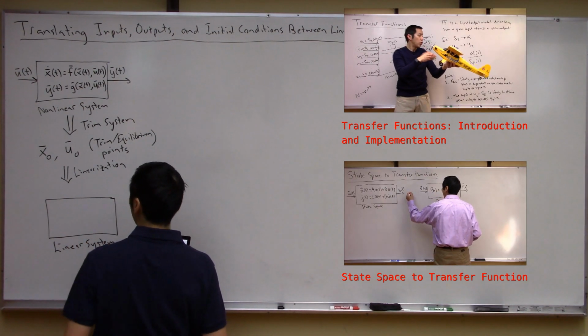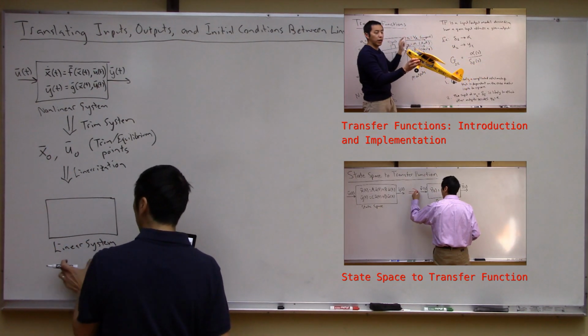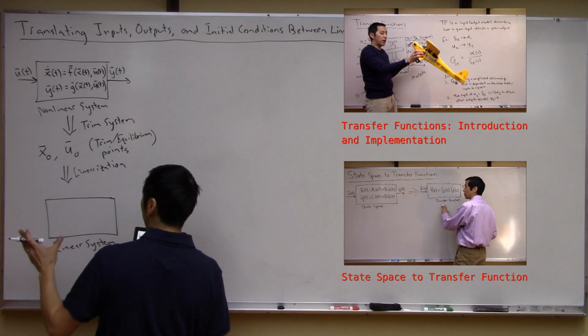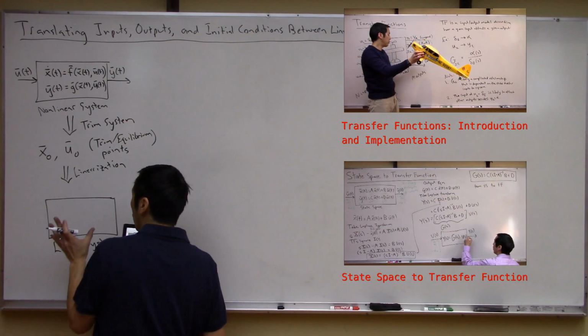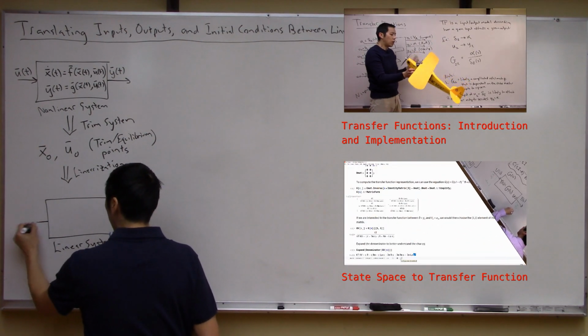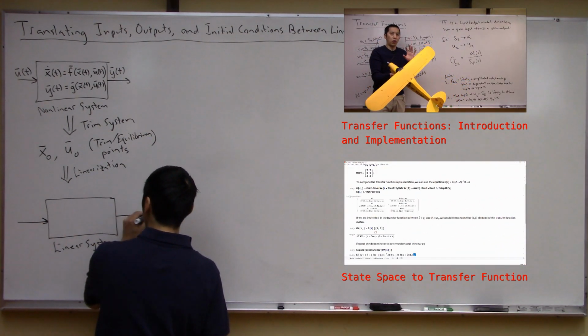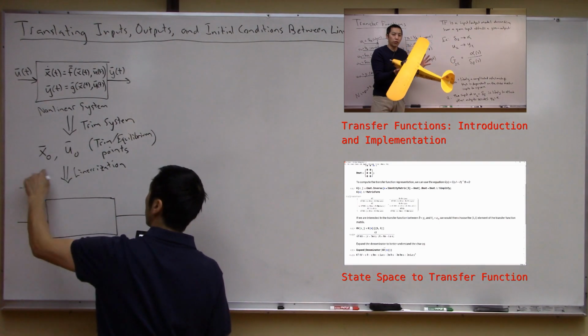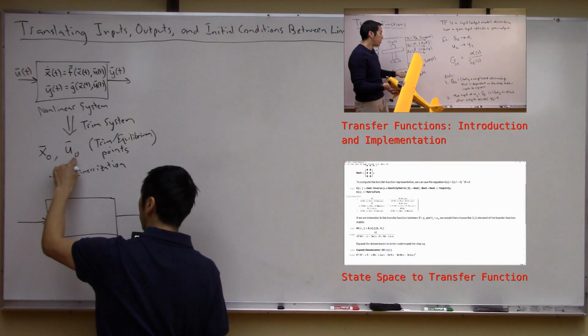This is your linear time invariant or your LTI or your state space, your transfer function or your linear dynamic system, whatever you want to call it. The idea here is that this system behaves very similarly to the nonlinear system, but only near this point, right?